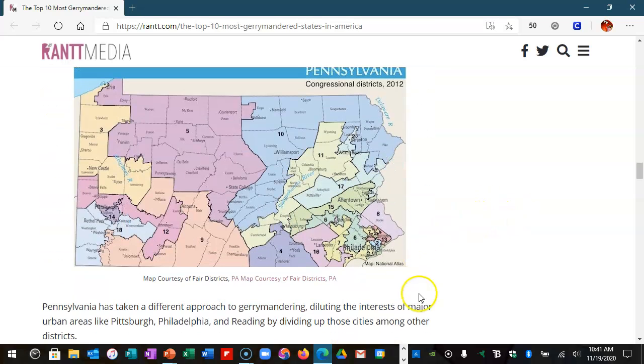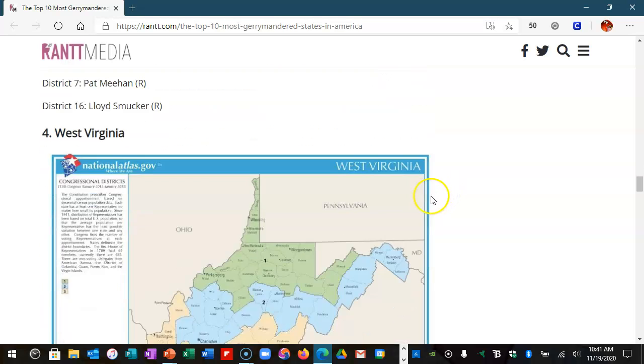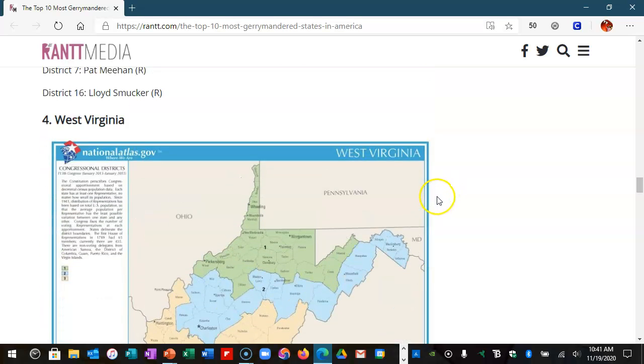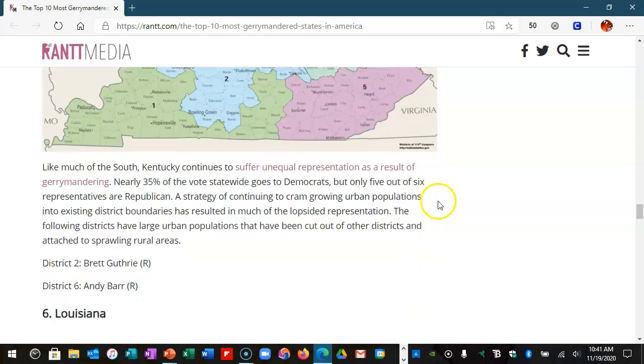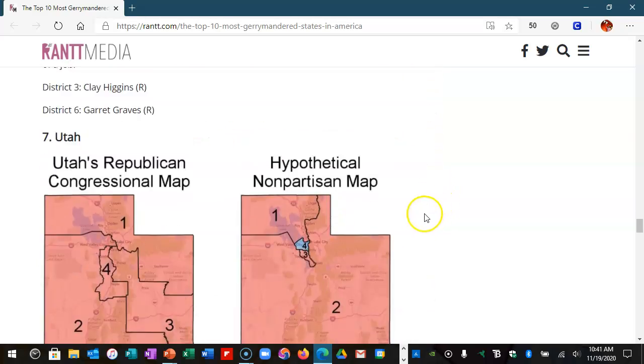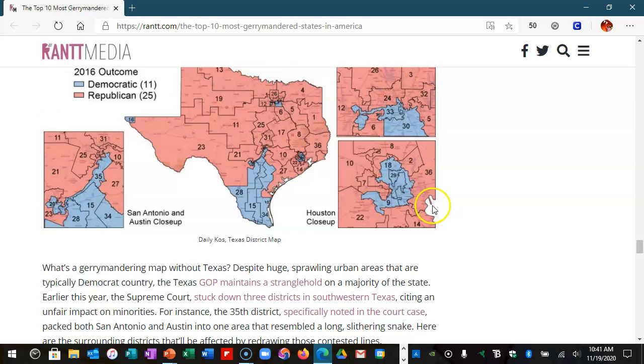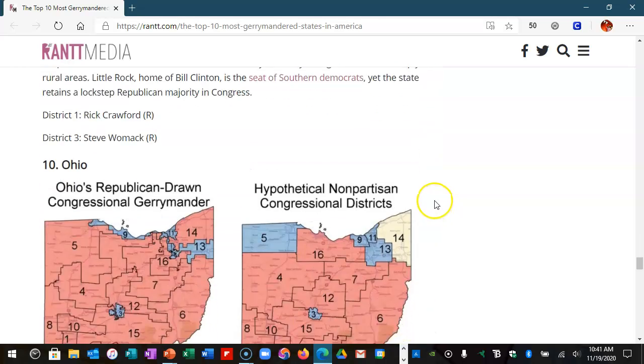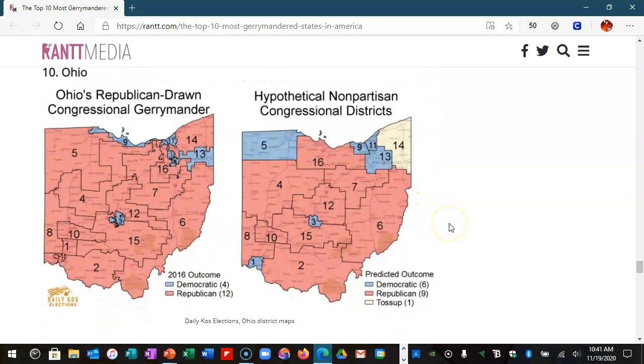Pennsylvania is a very gerrymandered state as well. Let's see, I want to show you... I hope they have Illinois on here. Okay, this is Ohio. This is a district right up here that existed until 2010.